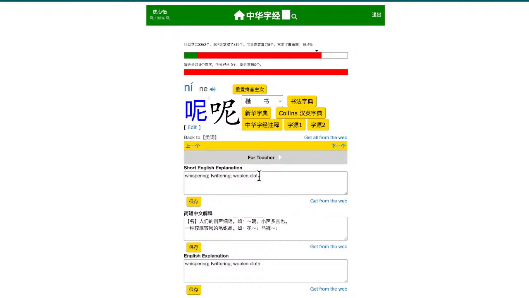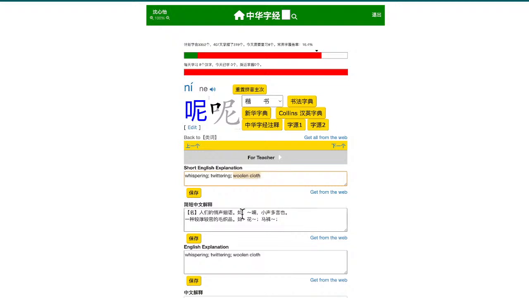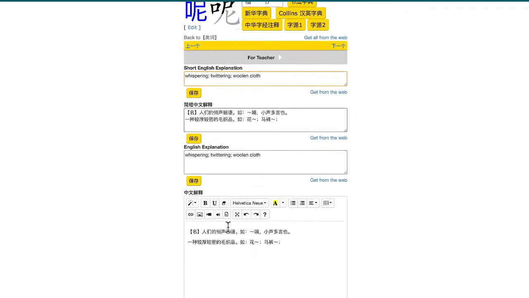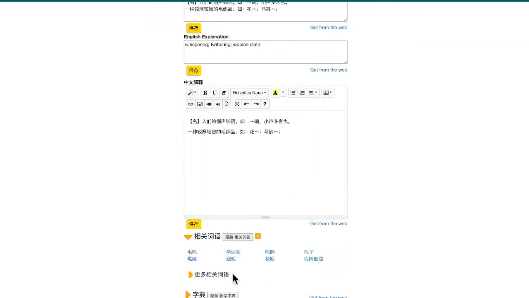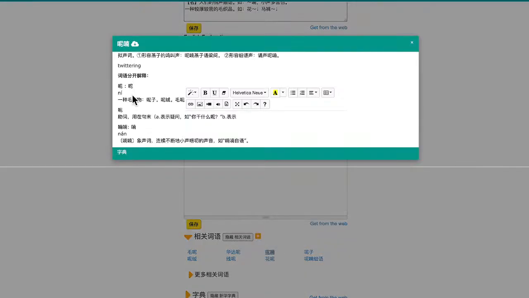Woolen cloth is called niz. Another meaning is whispering or twittering, like insects or birds chirping. Like 呢喃, twittering.